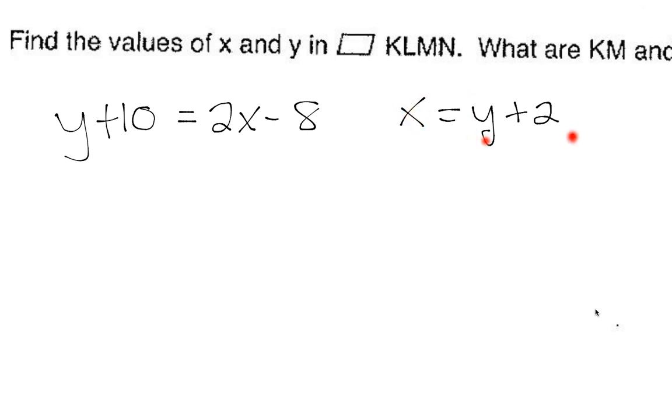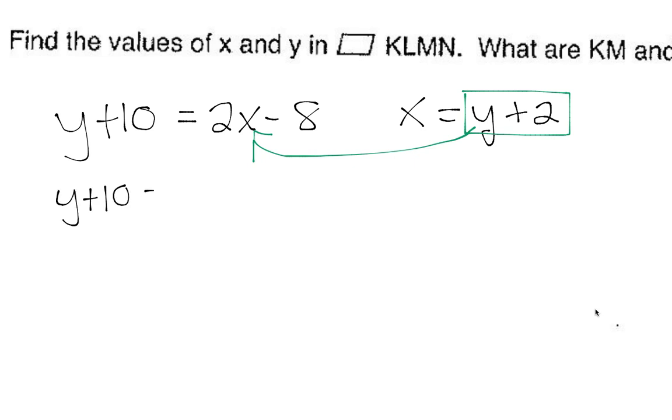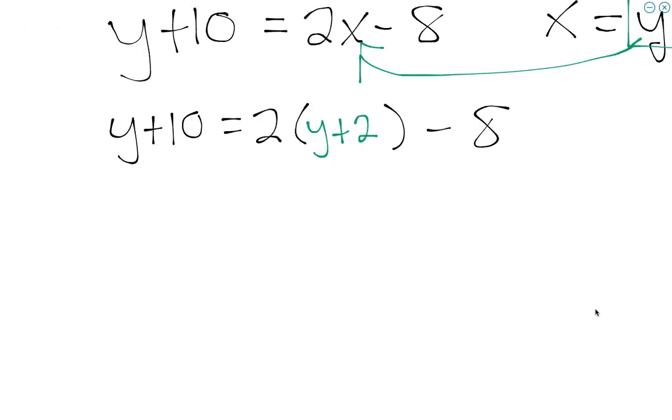So if this is what x equals, we can take that and plug it in for x over here, which gives us y plus 10 equals 2 times x. I'm going to remove that. And instead of x, I'm going to put in y plus 2. Now I have an equation with just y values.